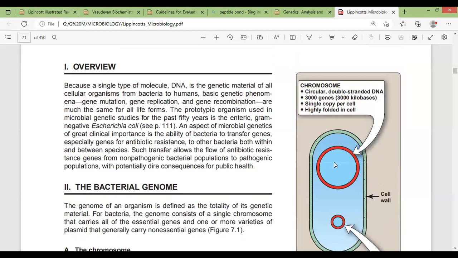In bacteria, we don't have a defined nucleus like the one we have in eukaryotic cells. We saw eukaryotic cells when we were studying biochemistry, right? In our cells, number one, we have the cytoplasmic membrane around the cell. We have the nuclear membrane around our nucleus.